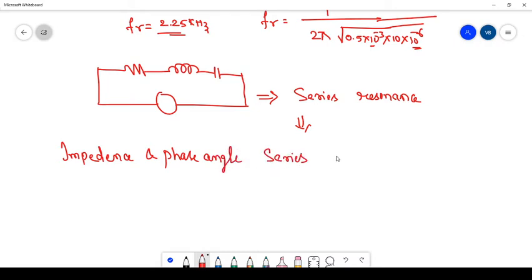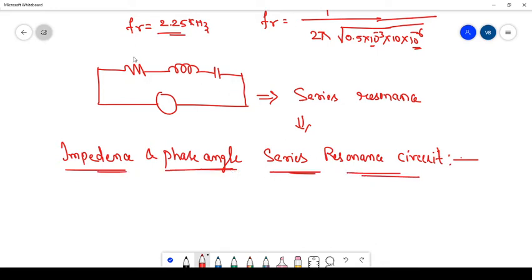Now we'll see. Series resonance circuit. We already know what the impedance is.